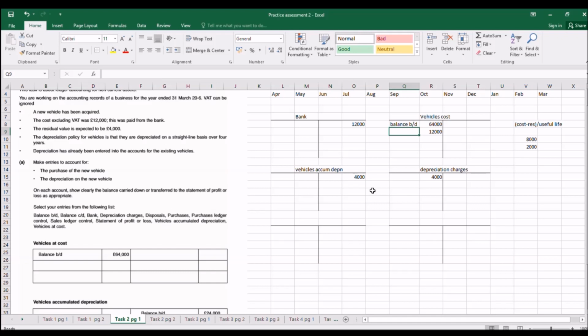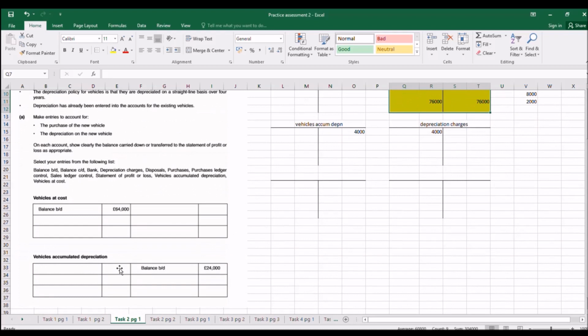This would be bank, yep, we purchased it from the bank. That's it for that one. That's going to be balance carried down, which is going to be 76,000. Total the figures up at the bottom. There we go, and that one there is cleared.